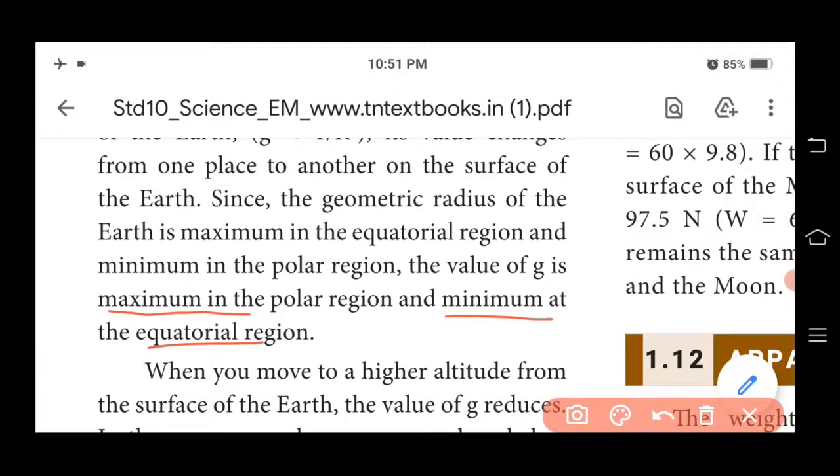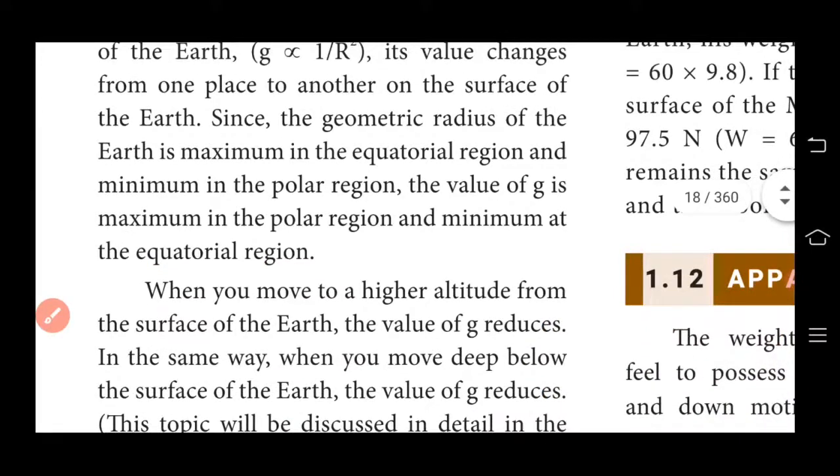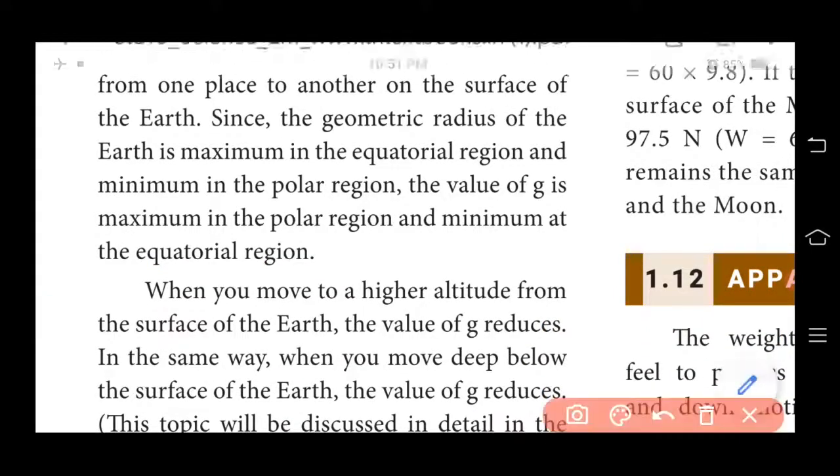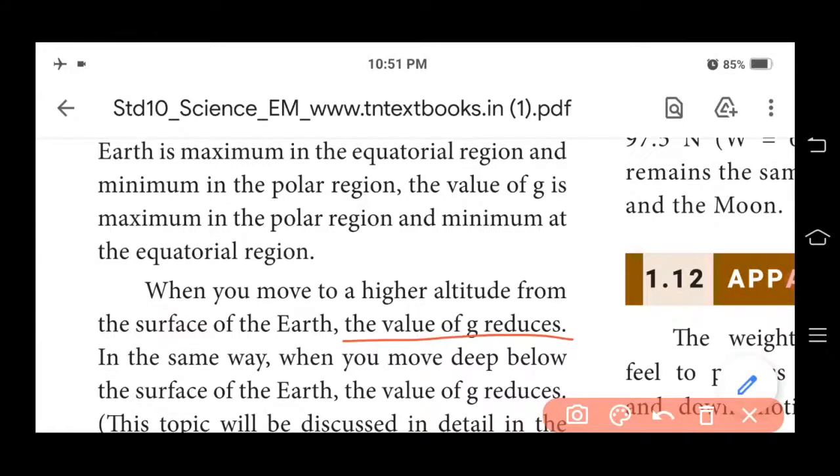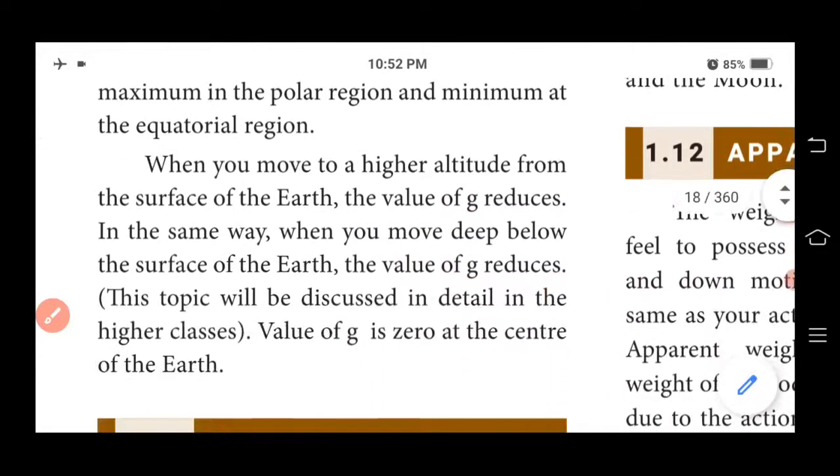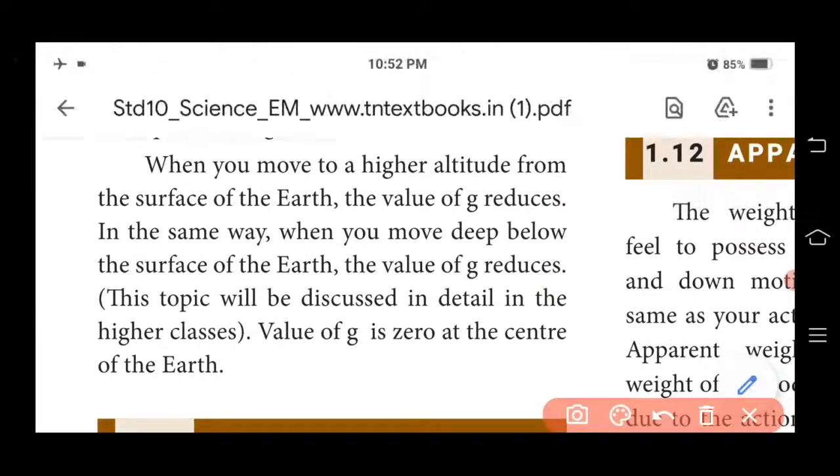And when you move to a higher altitude from the earth's surface, the value of g reduces. At the same time, when you move deep below the surface of the earth, the value reduces, and the value of g is 0 at the center of the earth.